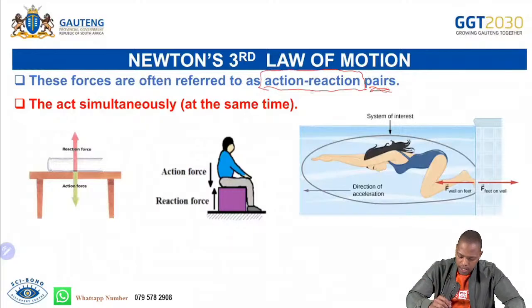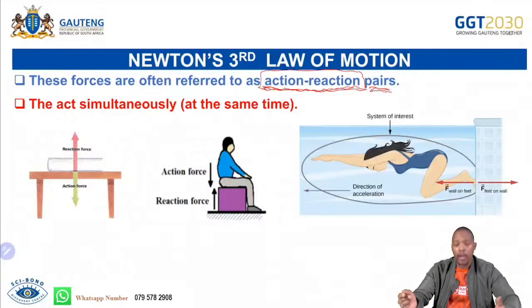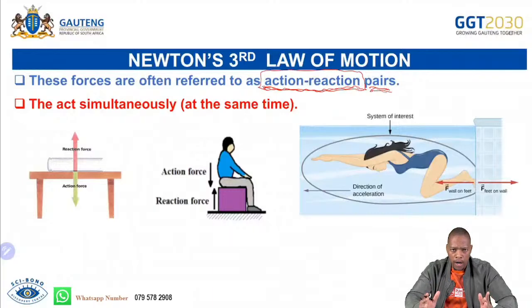Now, I have to say, grade 12, that I do not like these action-reaction pairs, even though I do not have any power to do anything about it, because sometimes it creates misconception in understanding the law. When we say action-reaction pair, we are not talking that there will be a force, and then after some time, there's going to be a reaction. Because when we say action-reaction pairs in general English, it sounds like there will be one thing, and then after some time, there will be another.